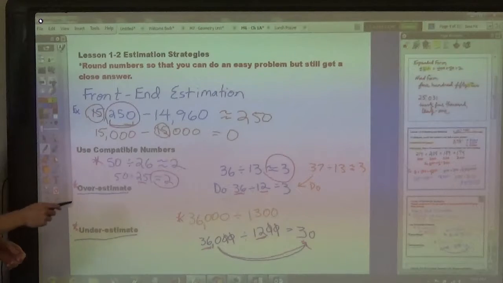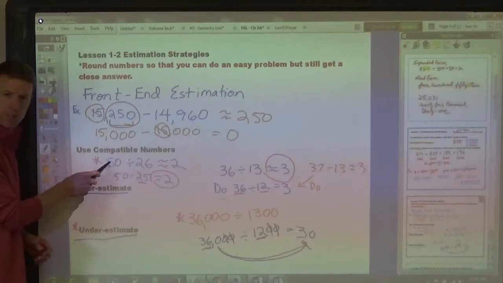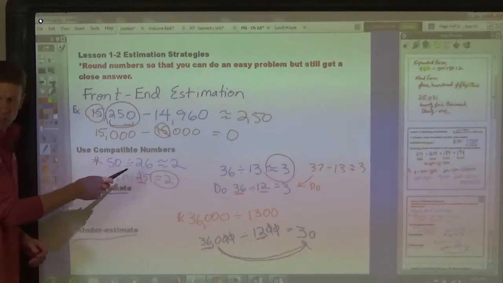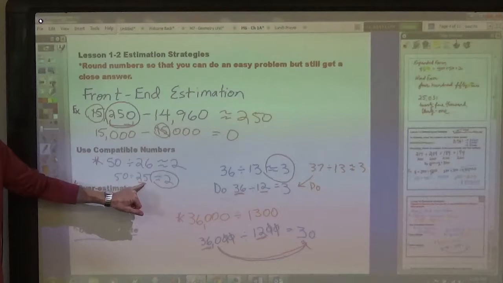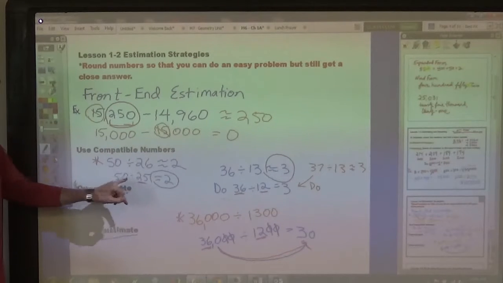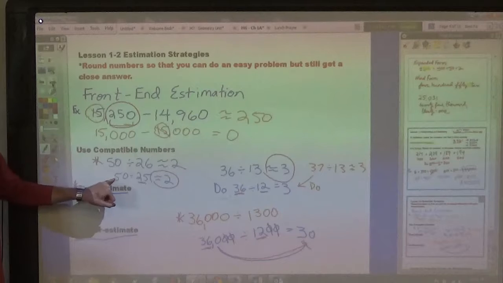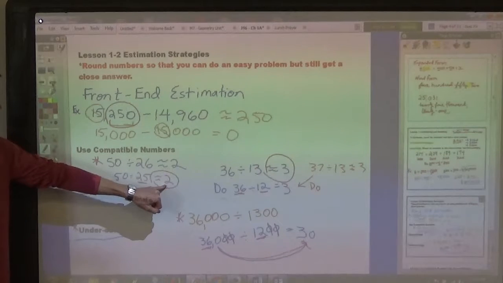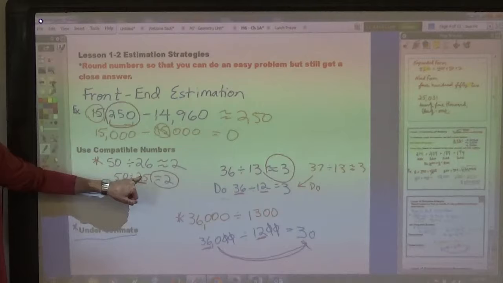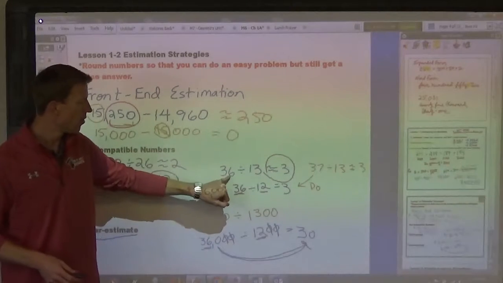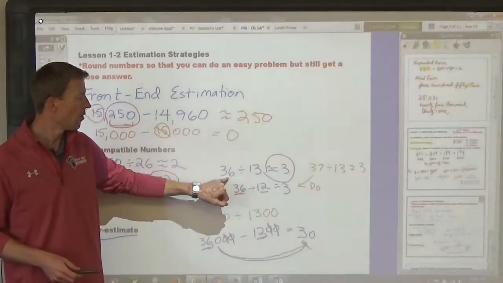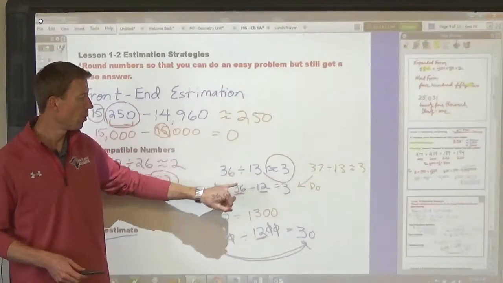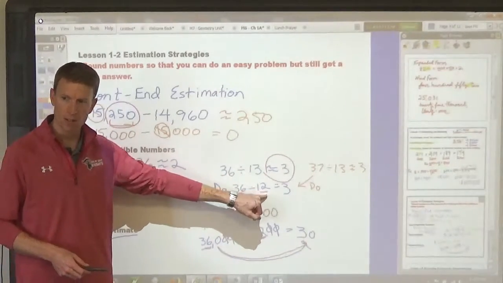But look up here, everyone. If the problem was 50 divided by 26, those two numbers don't divide evenly. But if we change 26 to 25, then those two numbers are compatible. Because 50 divided by 25 is 2. So that's how you would use compatible numbers to divide and to estimate. Look at this one. 36 divided by 13. 36 divided by 13 is pretty close to 36 divided by 12.